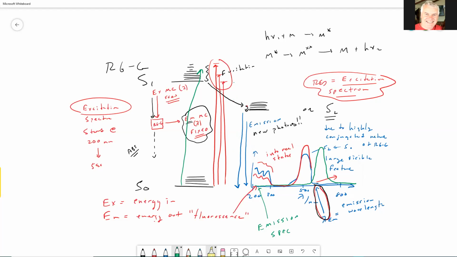And then you don't start seeing it until you get down to here, right? That's where you actually start seeing the emission. And it sort of maps out the vibrational manifold of the ground state that way. And so in emission, you fix the excitation and you scan the emission spectrometer. Does that make sense?